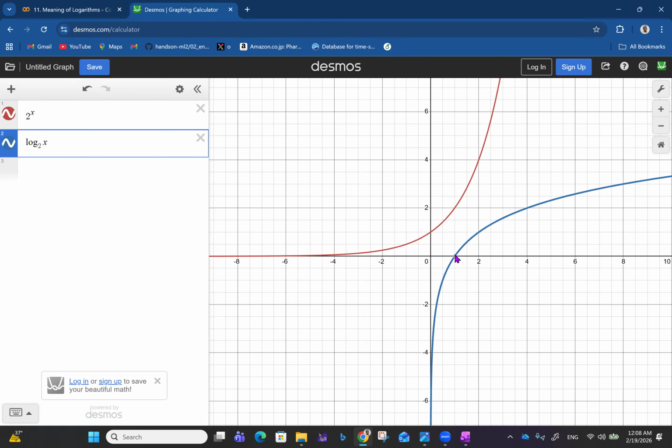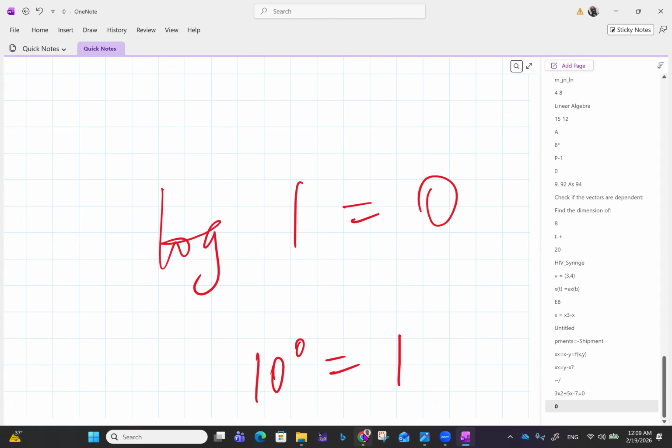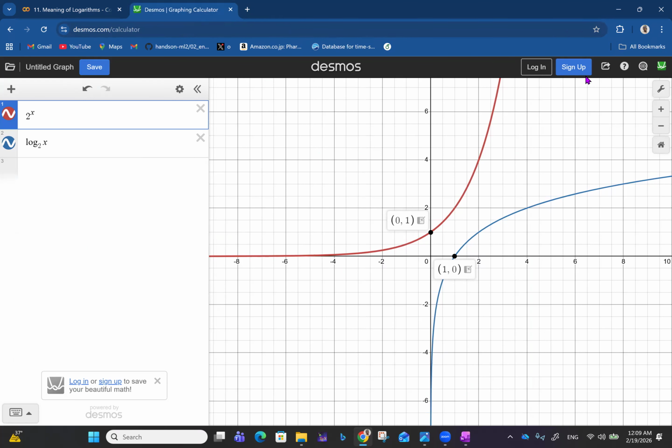And then there are reflections: the two graphs are reflected across y equals x, or you can say they are symmetric about y equals x.